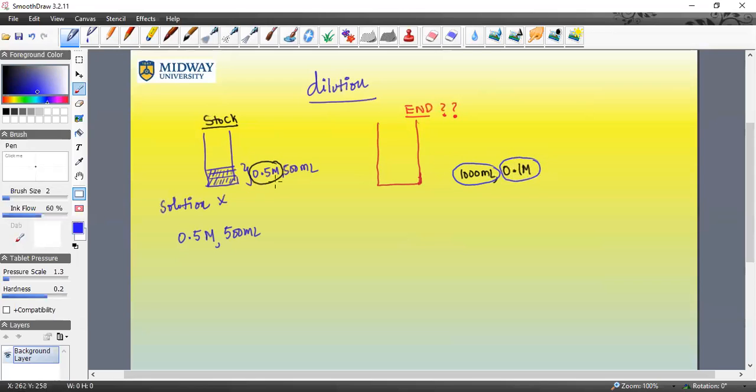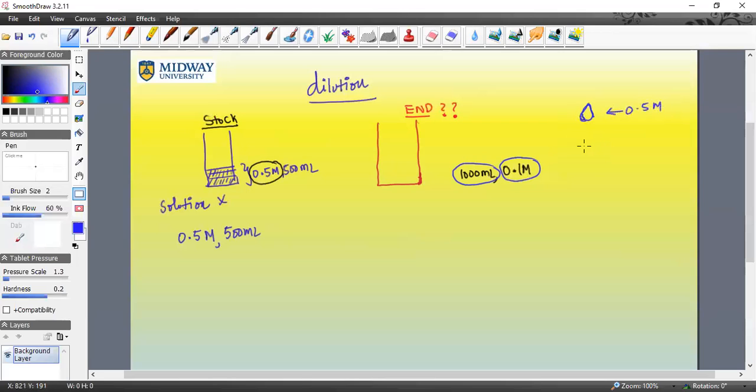How much you have to start with is of least concern for dilution problems, because whether you take 2 drops from it and measure its concentration, or you take 10 drops, say 1 drop, that's a really badly drawn droplet, this will also be 0.5 molar.